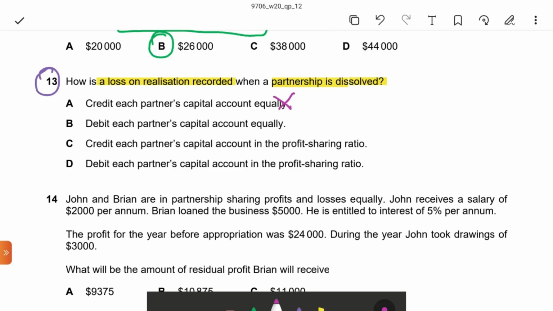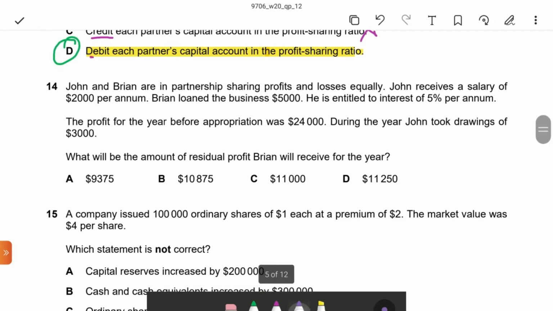So no. Then debit partner's capital account. Yes, debit partner's capital account, but not equally. It will be in their profit sharing ratio. Again credit is given, so no. Then the correct answer is debit each partner's capital account in their profit sharing ratio. The correct answer is D.